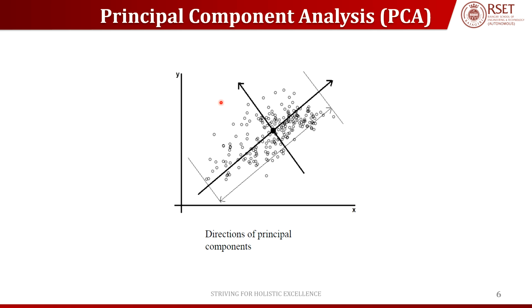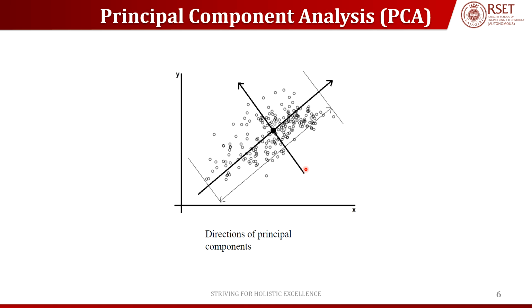Now this diagram shows the first and second principal components, PC1 and PC2. PC1 is again the axis of the largest variance and PC2 is the axis of the second largest variance. You can notice how PC2 is perfectly orthogonal or perpendicular to PC1. This is a fundamental requirement of PCA.